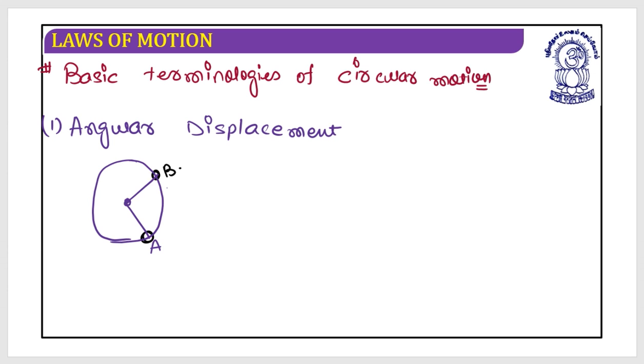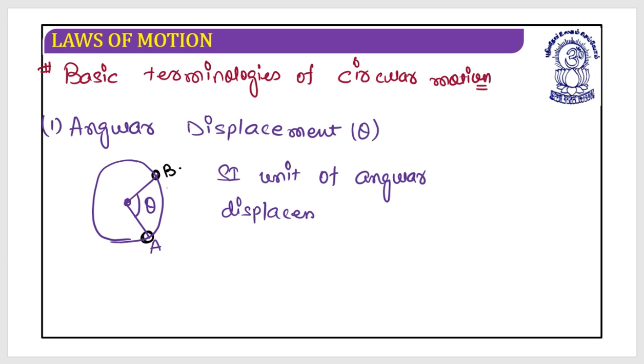So from A to B, this displacement can be measured in theta, and the SI unit of angular displacement is radian, generally denoted as rad.